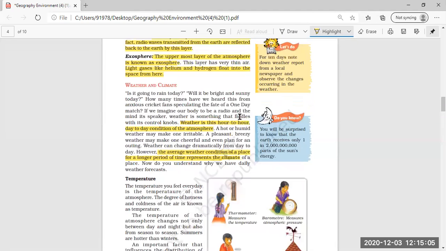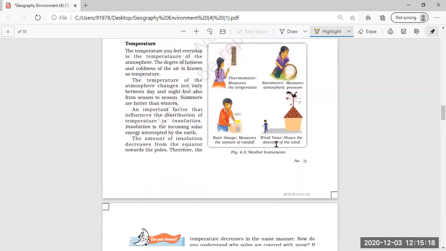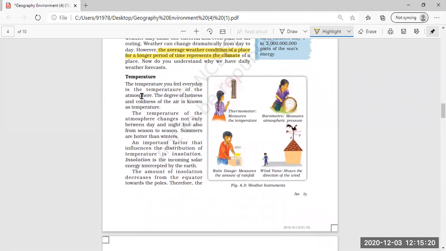Next, you will be surprised to know that the earth receives only one in so many parts of the sun's energy. Then temperature: the temperature you feel every day is the temperature of the atmosphere. So underline this, the temperature you feel every day.